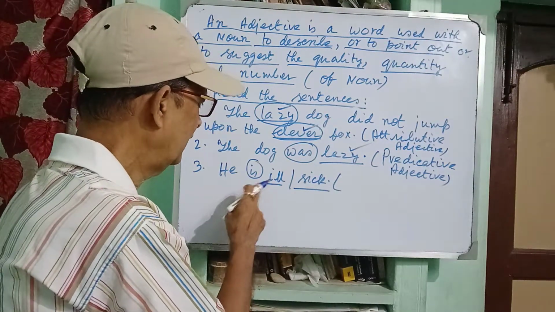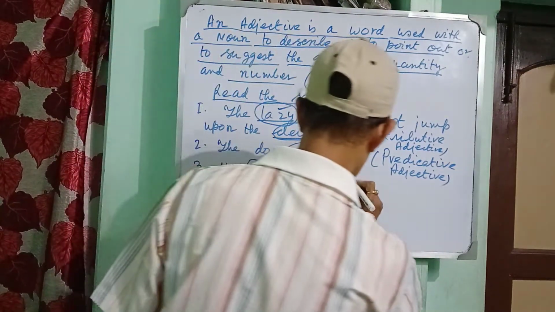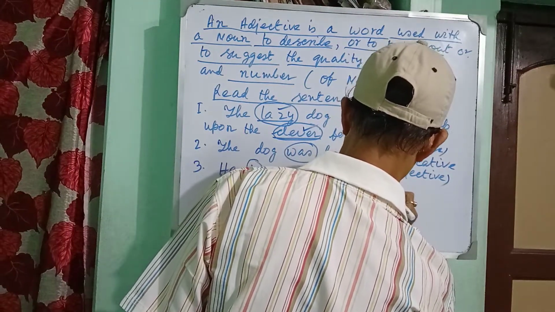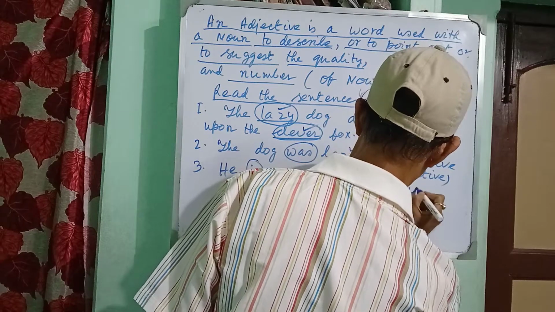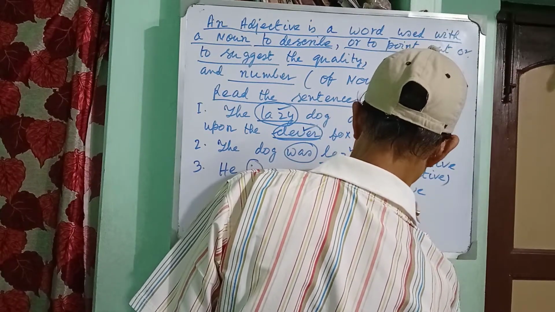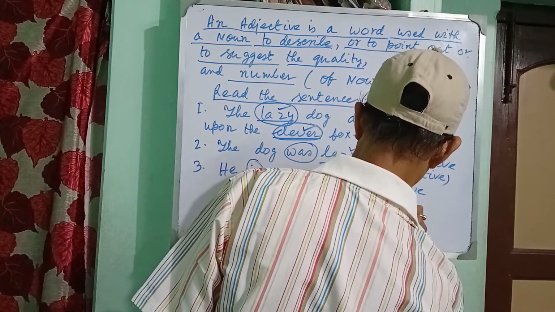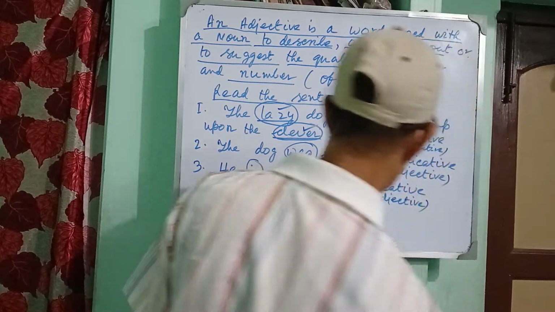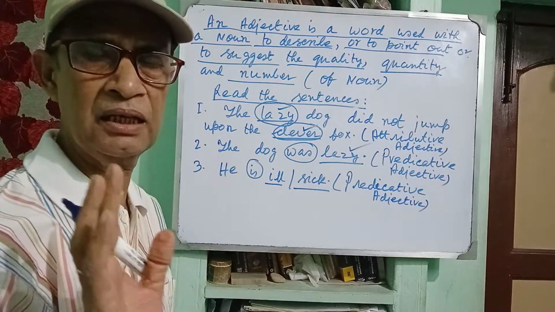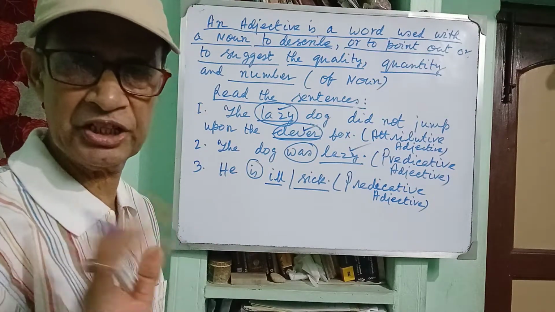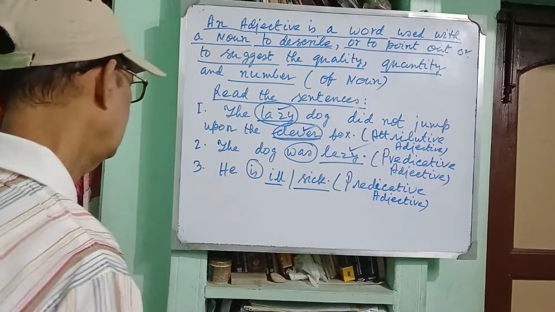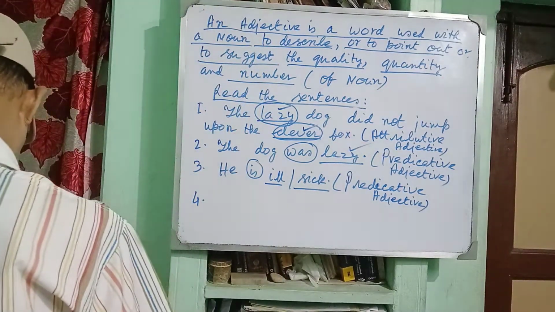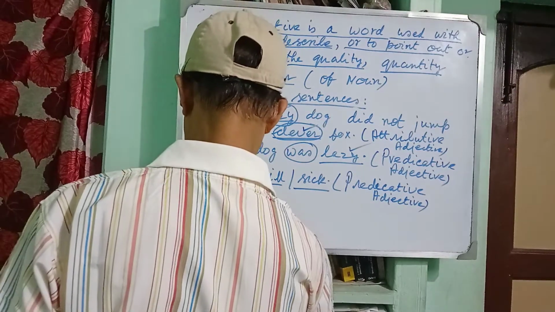So, ill or sick are predicative adjective. Predicative, P-R-E-D-I-C-A-T-I-V-E. Predicative adjective. Pure basic grammar. Fundamental grammar. Okay?